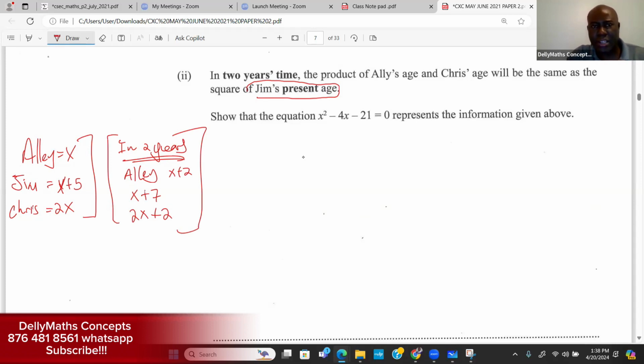So let's take a look at what they want. They're saying in 2 years' time, the product of Ali and Chris, the product of their ages, so that's Ali's and Chris's age, is going to equal the square of Jim.